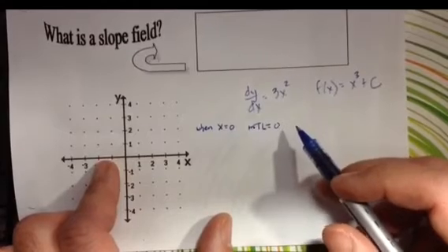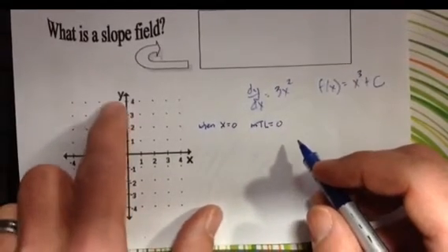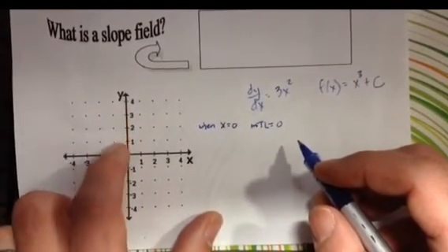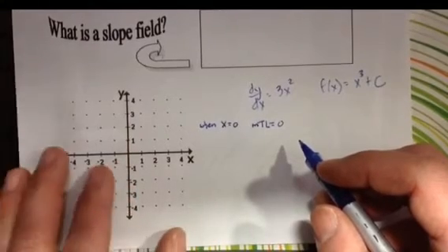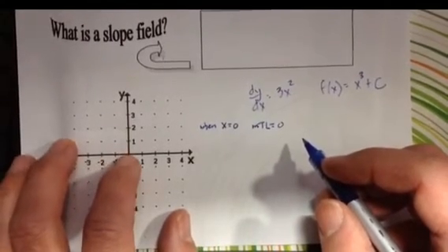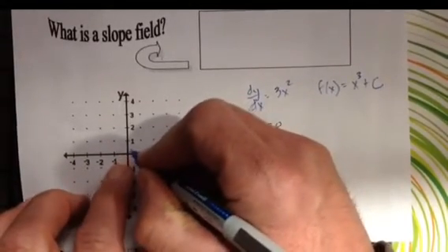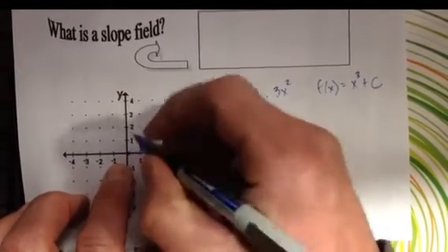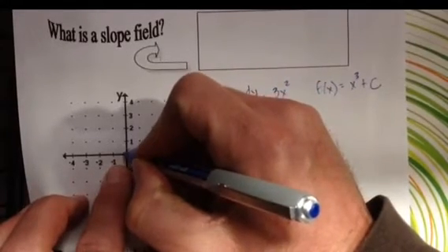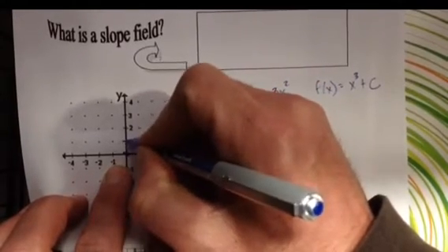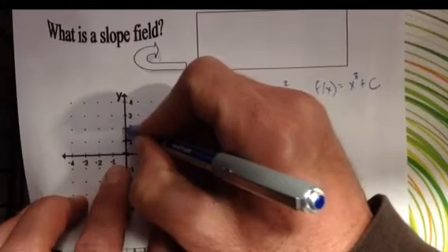Of course, it's a horizontal tangent line. So at these locations, I am simply going to put in a mini tangent line, stating that if this were a point that was on this function, it would be going through that point horizontally.